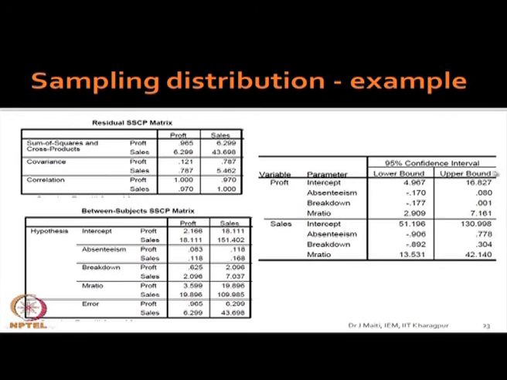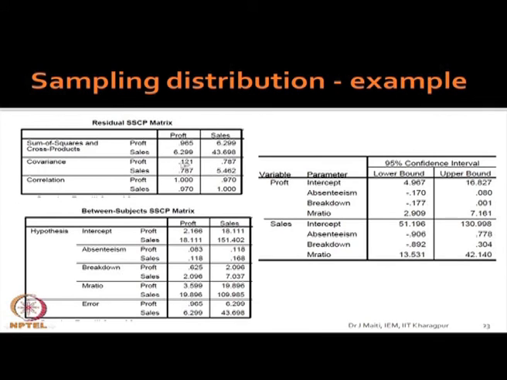But it is also possible to find the confidence interval. You see this figure, the lower 95% confidence bound and upper bound are given. And if you see the SSCP matrix that I mentioned, here it is given. This is the first for the profit, and this one is your cells, the diagonal elements.